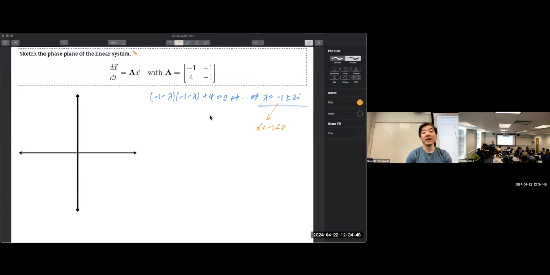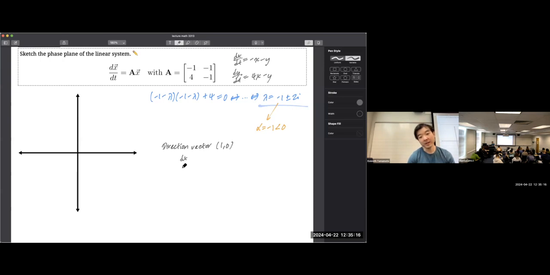And then the only other thing I need to know is whether it's going to spiral in clockwise or counterclockwise. How did we do that last time? We just computed a direction vector. So I'm just going to use the vector at the same spot that we did before, which is (1, 0). This is in matrix form, but if you wrote it out, dx/dt is equal to -x minus y, and dy/dt is equal to 4x minus y.